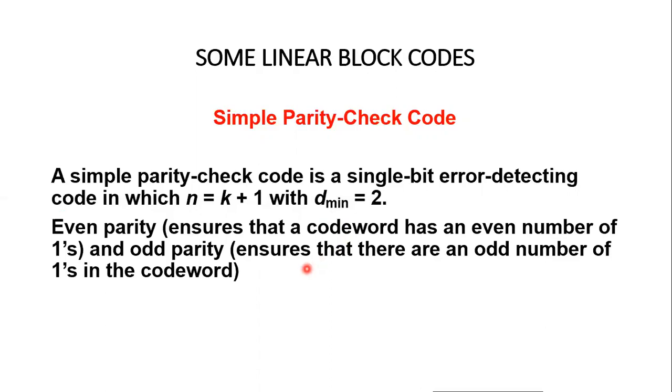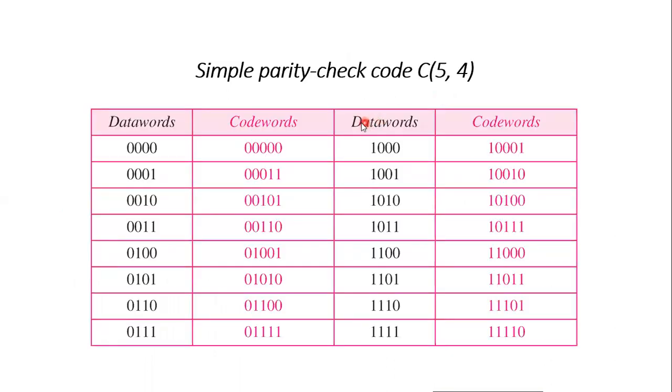In odd parity, the total number of 1s in the code word is odd, and it is called the odd parity. So this is the simple parity check code.